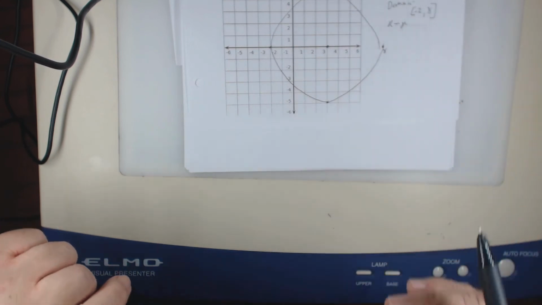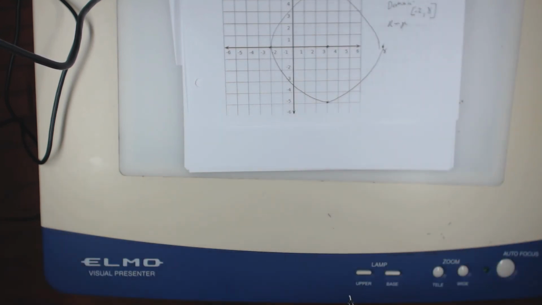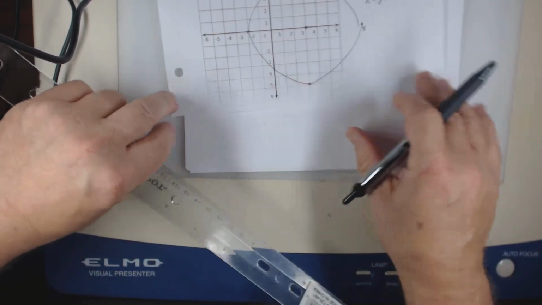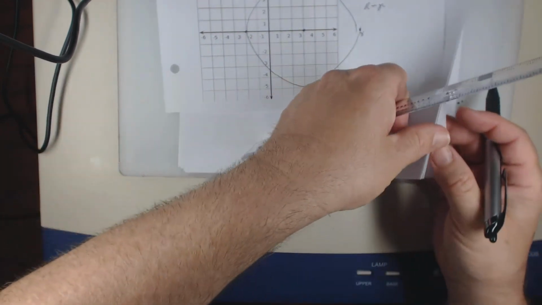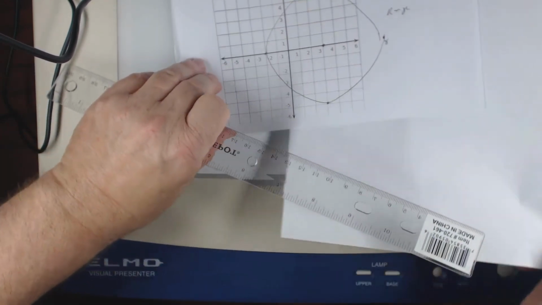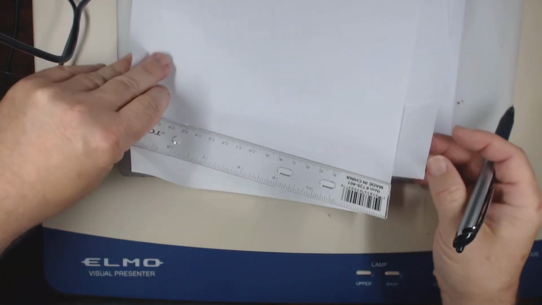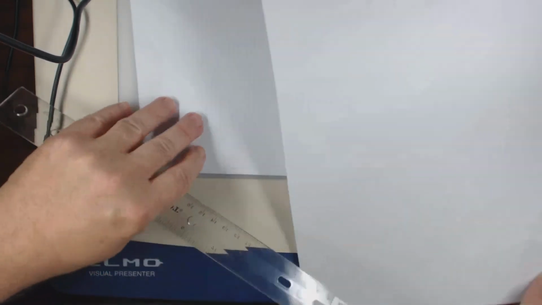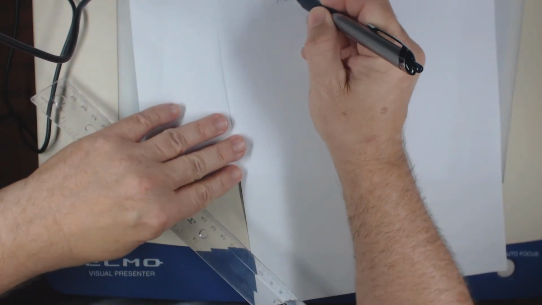Now, on one of your worksheets that you got back, some of you had a problem. Let me just tell you right now before we do the range. It was just a couple of you. But for the inequality, let's say it was x is greater than 5.